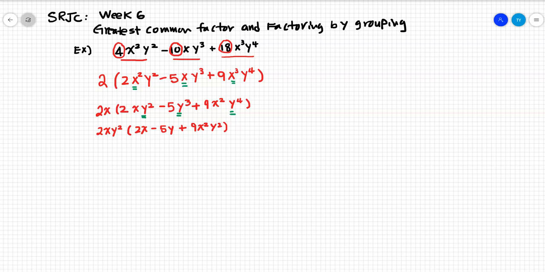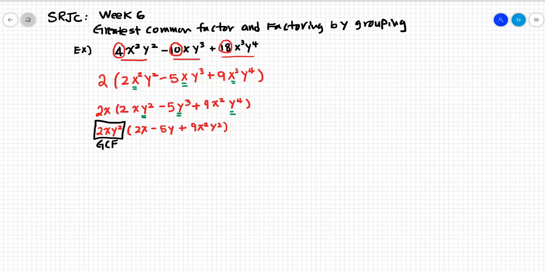Okay. So the greatest common factor now is going to be 2xy squared.